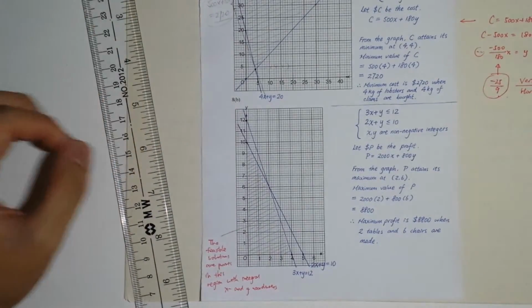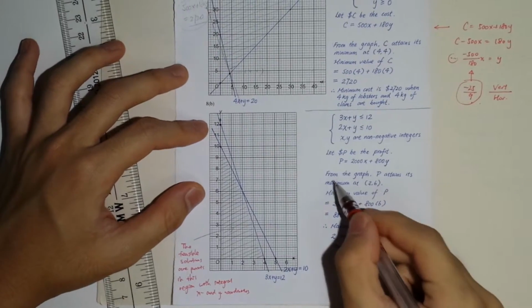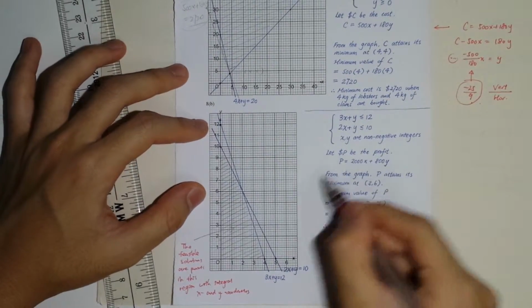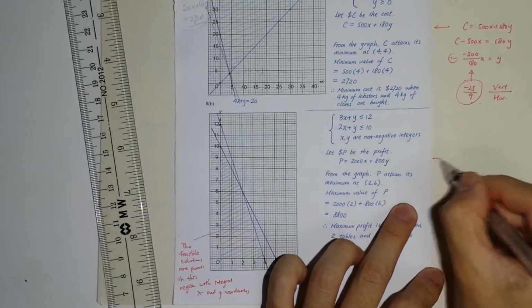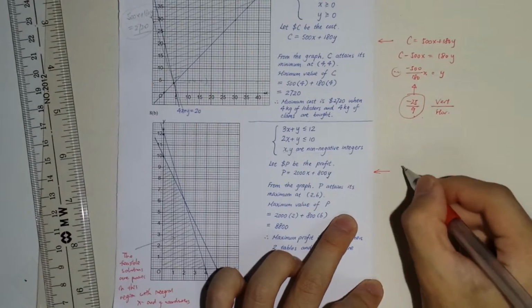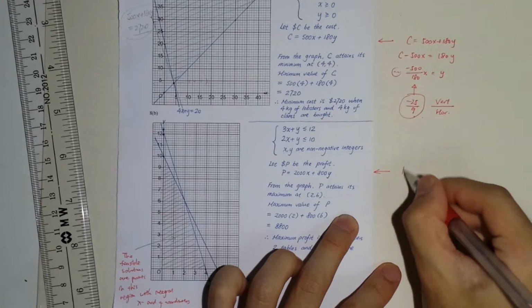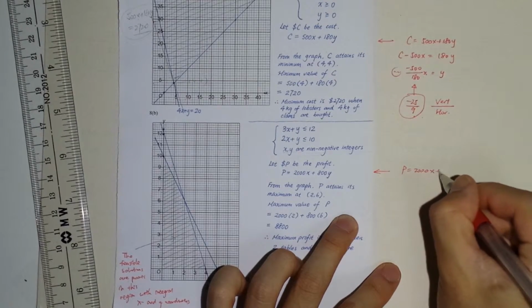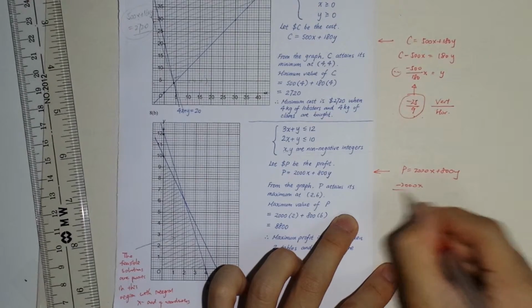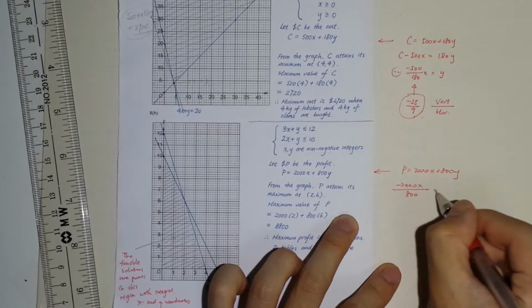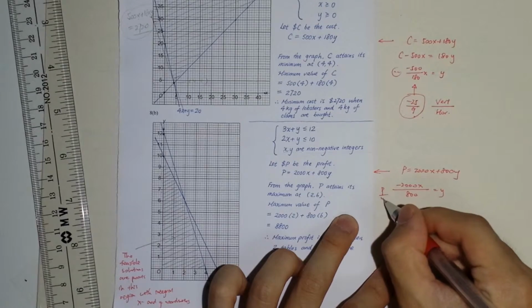Secondly, to solve the problem from the graph using this method, you also have to draw a first line, 2000x plus 800y. So what you need is to find the slope here. P equals 2000x plus 800y. Rearranging, you have negative 2000x over 800 equals y.